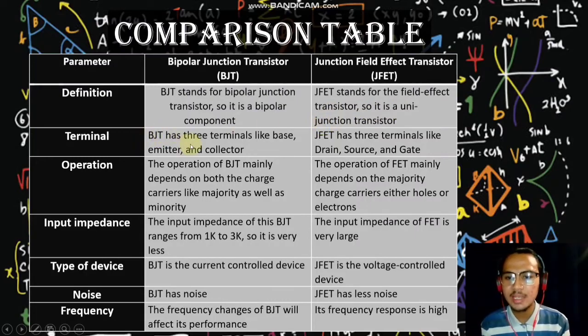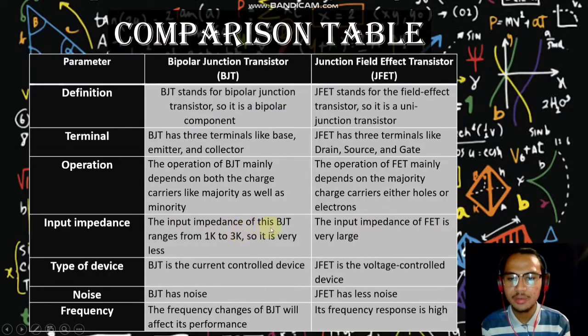Terminal. BJT has 3 terminals: base, emitter and collector, while JFET has 3 terminals: drain, source and gate. Operation. The operation of BJT mainly depends on both charge carriers, majority as well as minority. The operation of JFET mainly depends on the majority charge carriers, either holes or electrons. Input impedance.